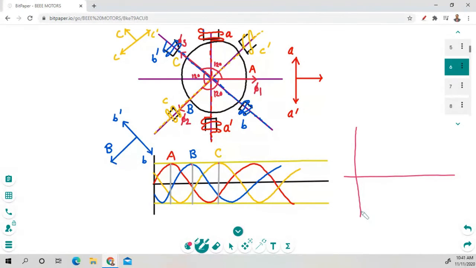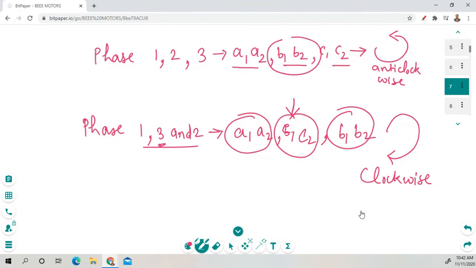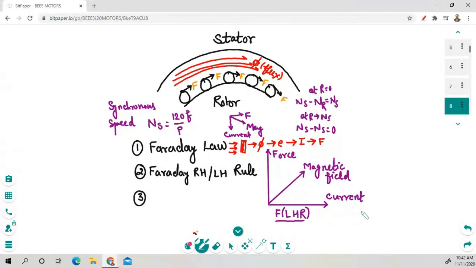In the next presentation, we are saying that if you are changing the phase winding, then our direction is going to be changed. So how this will happen, let's understand from here. With the help of this Faraday law, you can find out the direction of rotation.